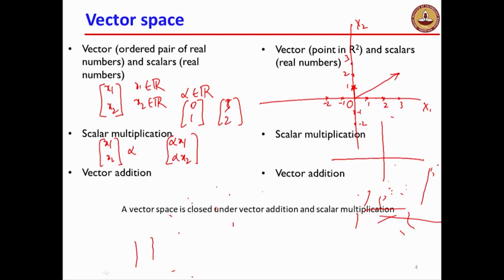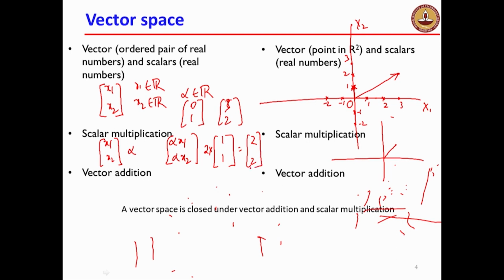Let's take a very simple example over here, say the vector 1, 1, and then this is where it probably is. Now if I want to multiply it by a scalar, let's take a simple example of alpha equal to 2. What happens to it? If I take 2 times this vector, I get 2 comma 2.